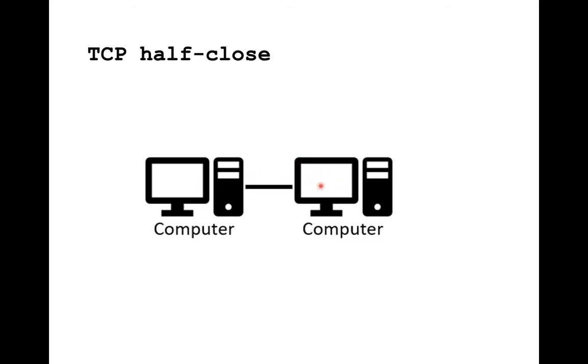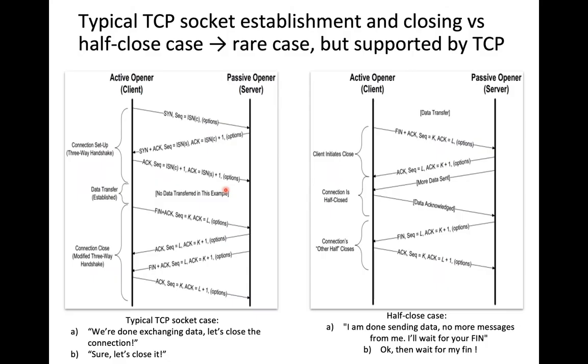This informs host B that host A is done sending and will not send any more data. Host B says, "Okay, I know you don't want to send to me, but I will keep sending you," and it keeps sending data as long as it wants. Once it is also done, it sends a finish, and they finish the connection.